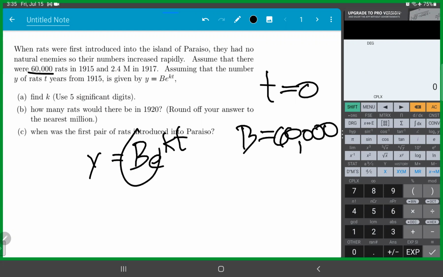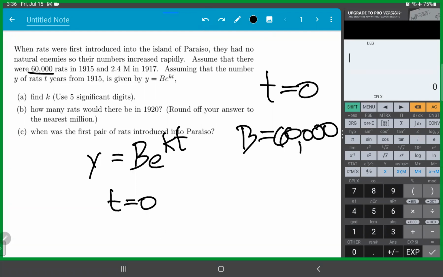B is the initial amount because when t is zero, right? If t is 0, what happens? This is the initial time. So that gives you the initial circumstances, like the initial population or the initial amount, etc.